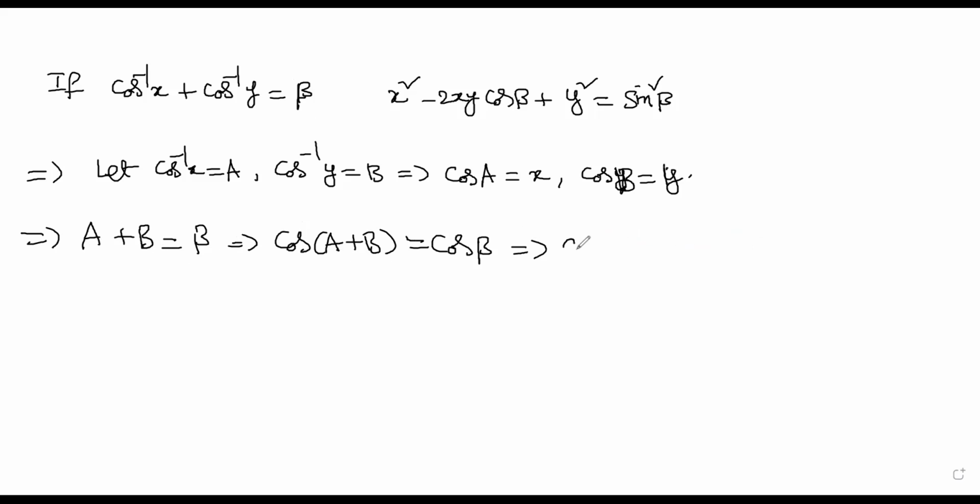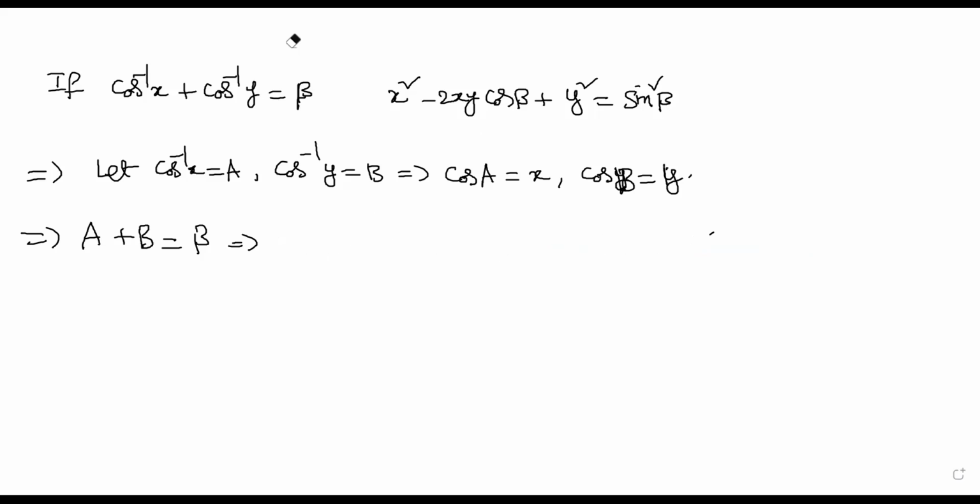Cos of a plus b is cos a cos b minus sin a sin b. But we want sin square beta, so instead of cosine, an even faster thing we'll do.